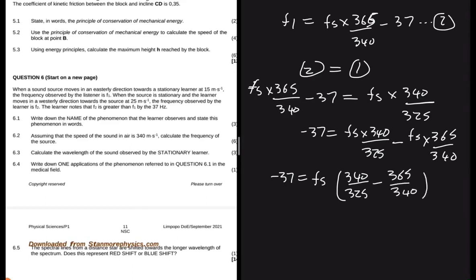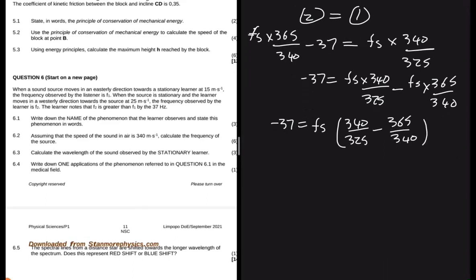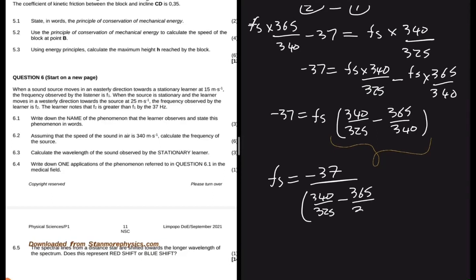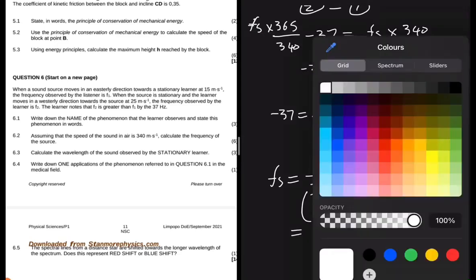And then from here we can divide both sides by this expression, and we get Fs equals minus 37 divided by the expression, which is 340 divided by 325 minus 365 divided by 340. And then if you put this in your calculator, you're supposed to get the value of Fs.